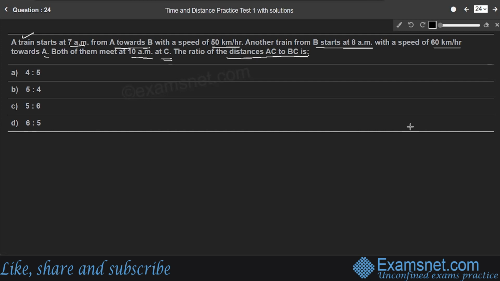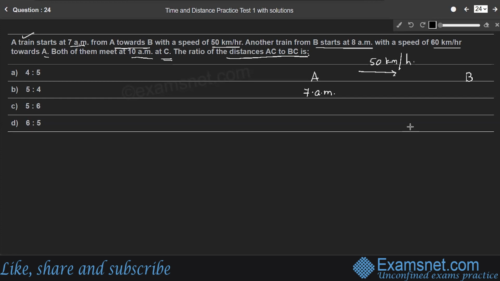So here we'll consider two places, A and B. One train starts at 7 a.m. from place A towards B with the speed of 50 kilometers per hour.